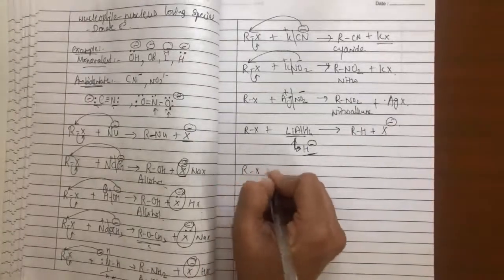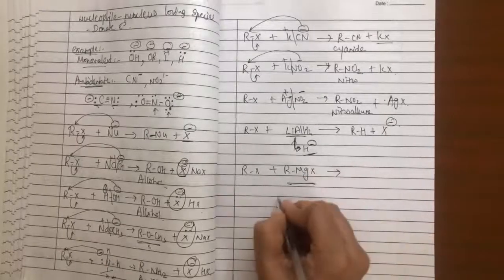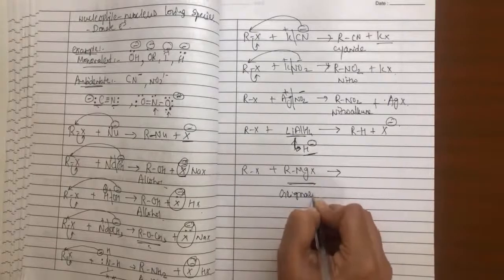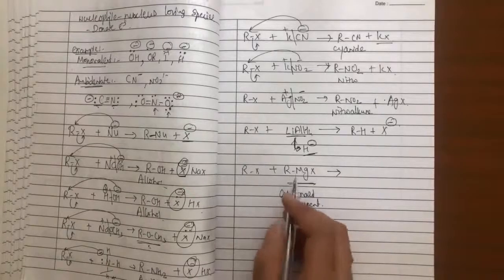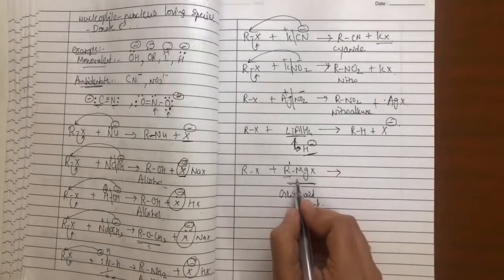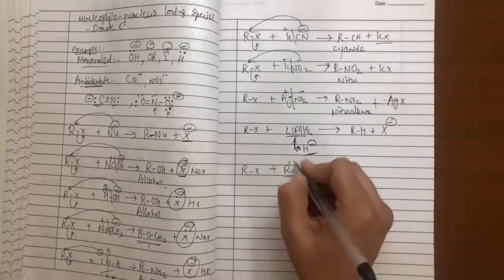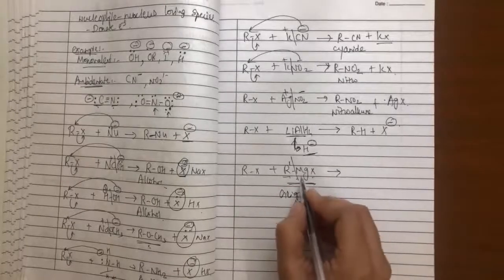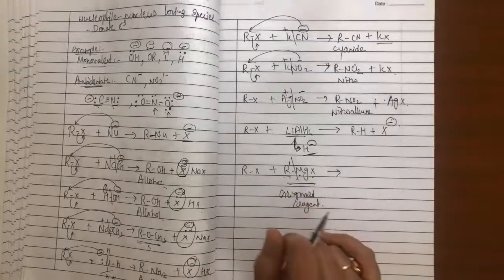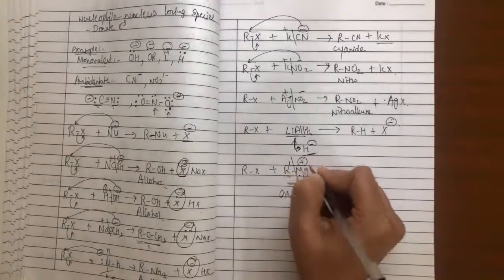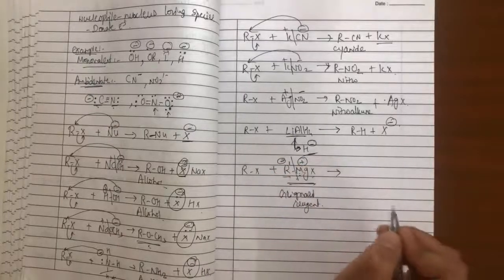And the last one, RX plus RMgX, this is a very important one. This is known as Grignard reagent, named after the scientist who discovered it. See, this is a compound where you have an alkyl chain, a metal and a halogen. Now whenever there is cleavage, it cleaves like this. Metal being electropositive always has a tendency to liberate electrons. So the metal always remains plus, MgX plus, and this alkyl chain becomes negative.